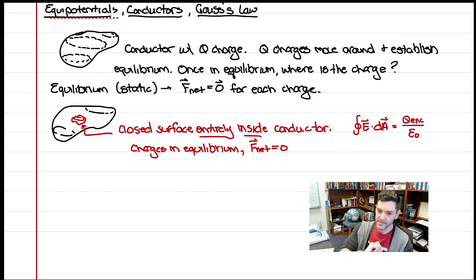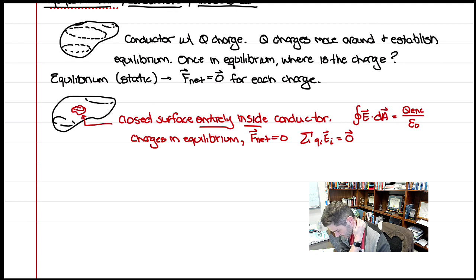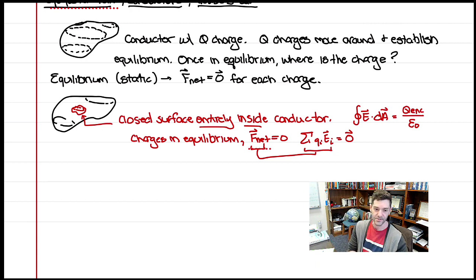But then what causes the forces that could act on the charges? Well, it must be electrostatic forces from the charges. So we know that the sum of Q sub i times E sub i, the net force, better equal 0. These forces are arising from interactions with the other charges through their electric fields.